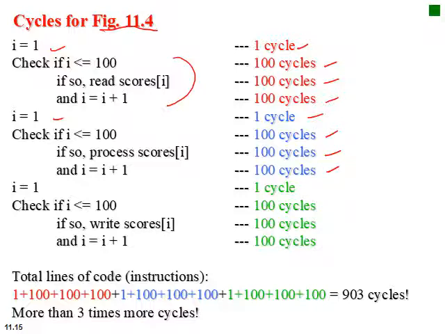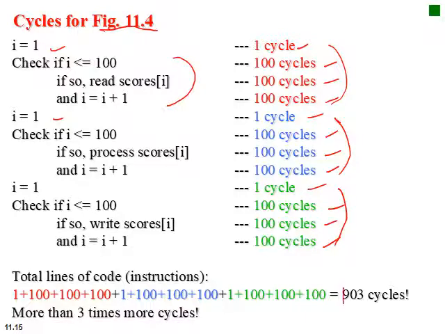Similar to writing to the screen, we're going to reinitialize, so it's 1 cycle. We're going to check 100 times, is it less than or equal to 100? We're going to write 100 times. We're going to increase I 100 times. So now, if we're actually going to add all of this up, you'll see that's basically 301 plus 301 plus 301 cycles.